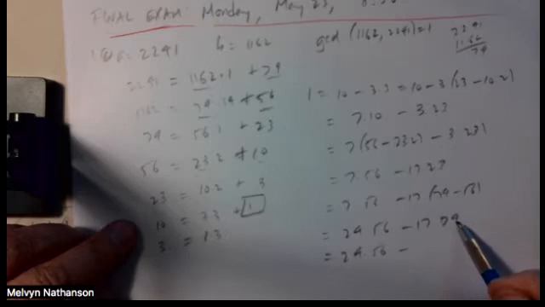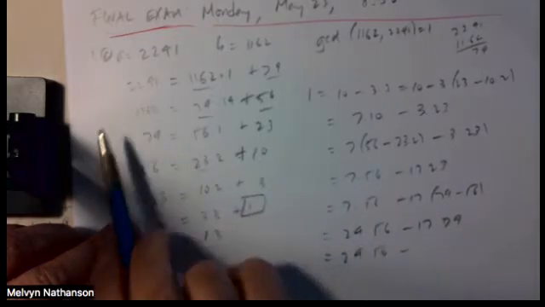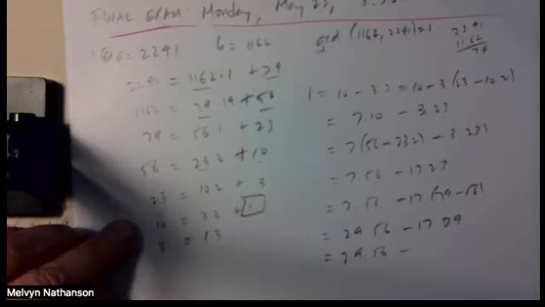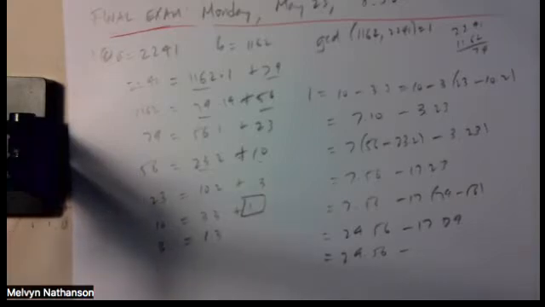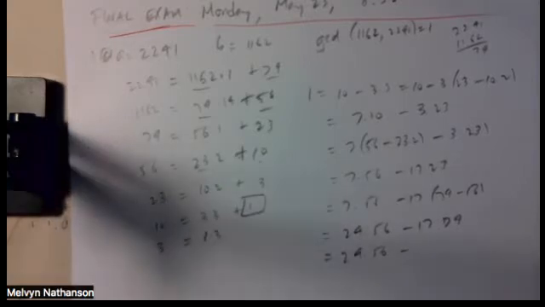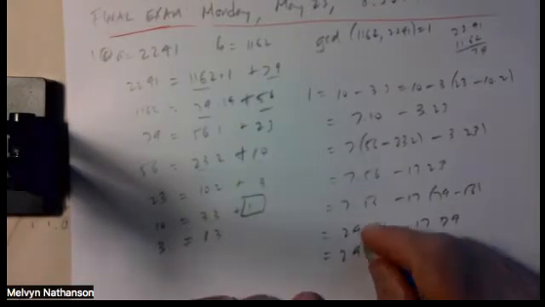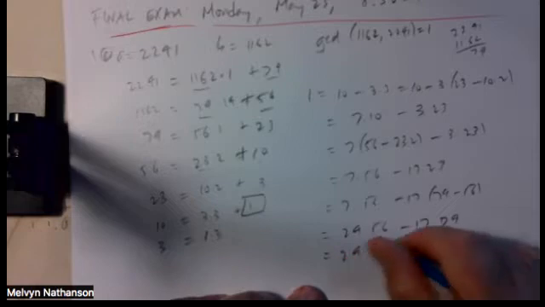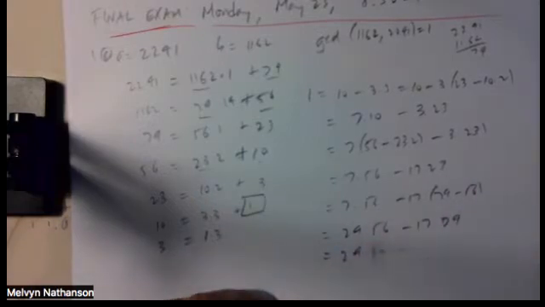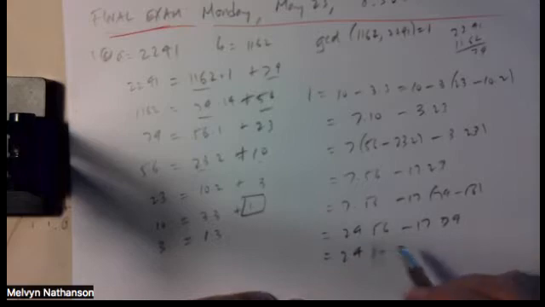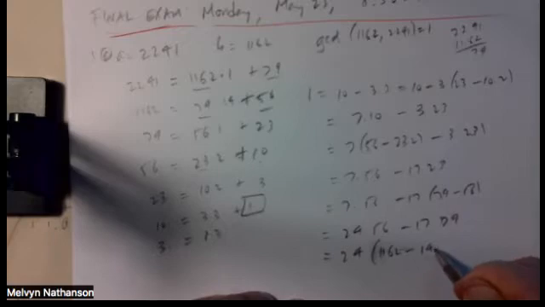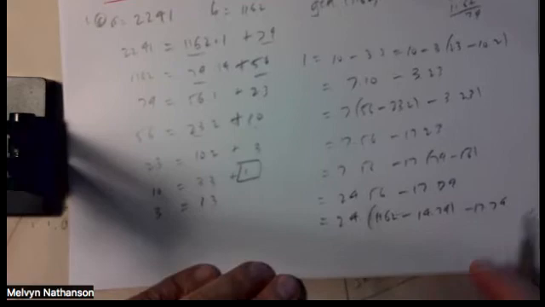And 79, oops, sorry, that's this. 56 is 1162 minus 14 times 79. So 56 is 1162 minus 14 times 79, minus 17 times 79.